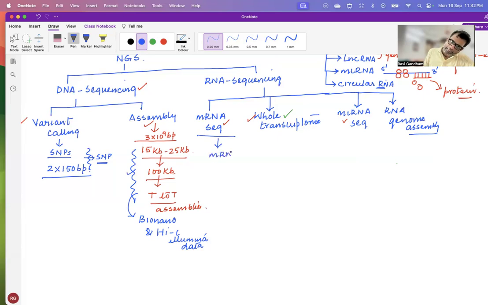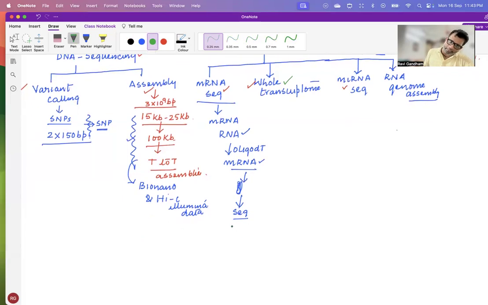So the RNA that is isolated is separated by using oligo-dT probes, because all your mRNA contains poly-A tail, and so you isolate your mRNA from your entire transcriptome, and this mRNA is then fragmented and then sequenced. That is the fundamental here. So when you sequence this, the ideal read length for this sequencing is 2 into 75 base pair.